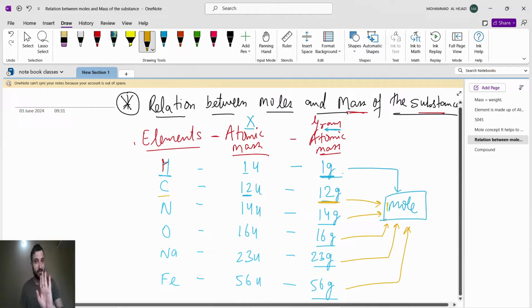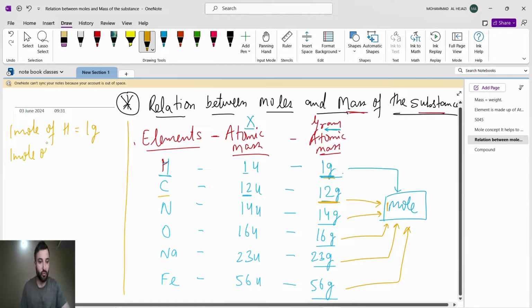If I tell you 1 mole of hydrogen, what is 1 mole of hydrogen? 1 gram.